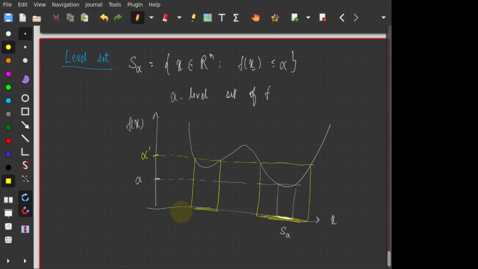And in this particular case, it's a non-convex set. But if I take f to be convex, then what can you say about the level set? Okay, so in other words, it's going to be convex.